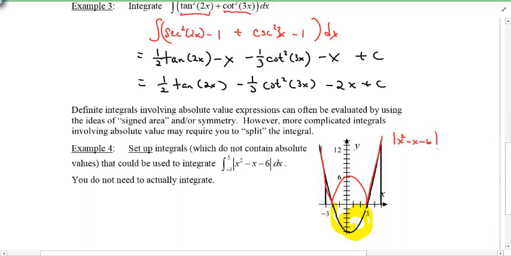Now notice here too that there are these points where it crosses the x-axis, at -2 and also 3. So in essence, you have to separate this into 3 separate integrals. The part in blue would be the integral from -3 to -2 of the function x squared minus x minus 6 dx.